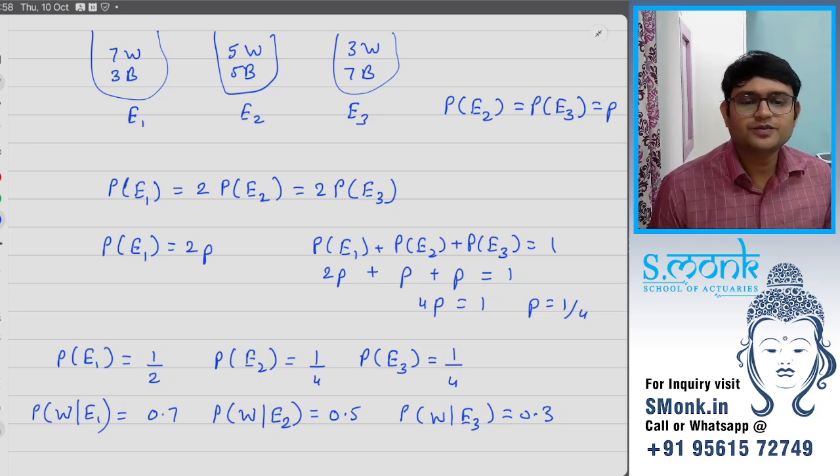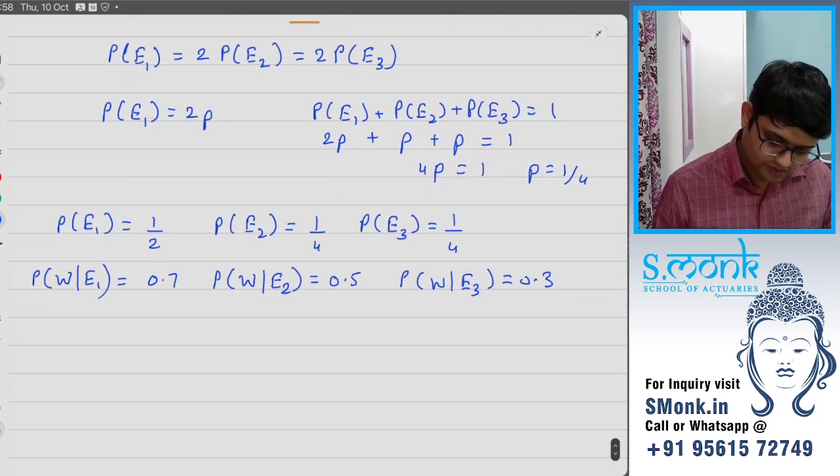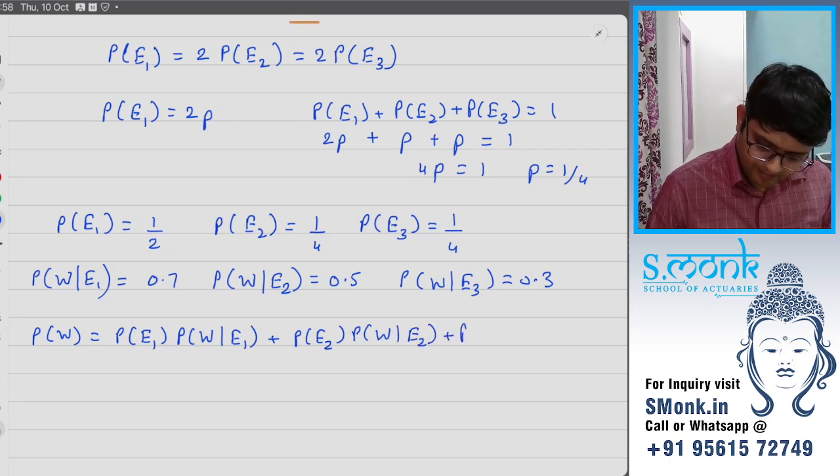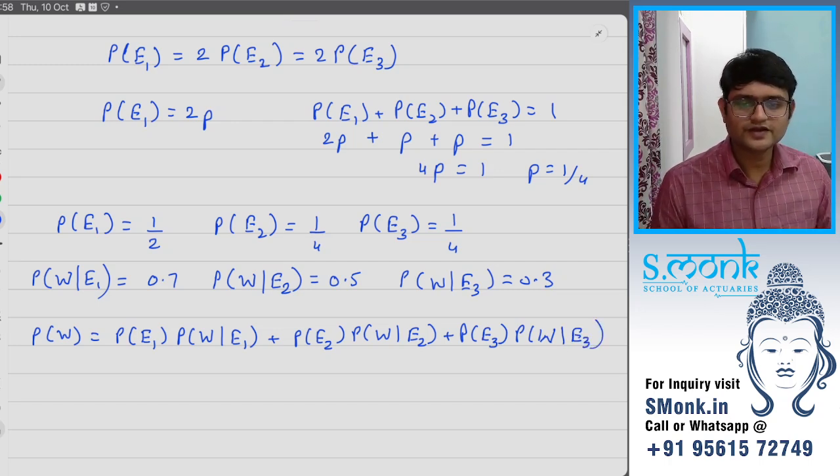Now, using this information, we can find the probability of choosing a white ball. Using law of total probability, this is what we'll get.